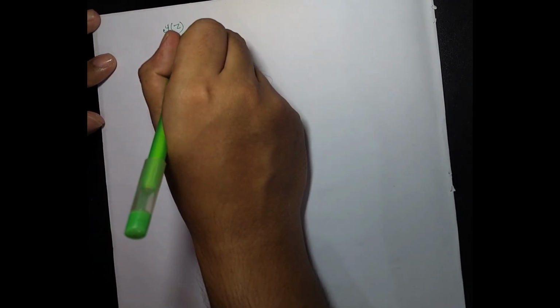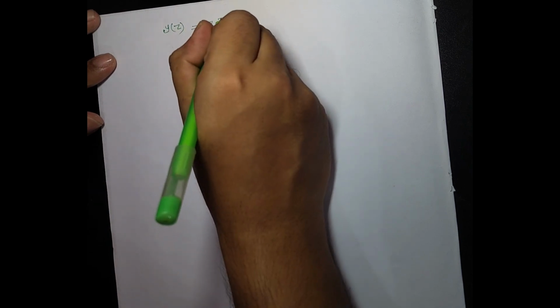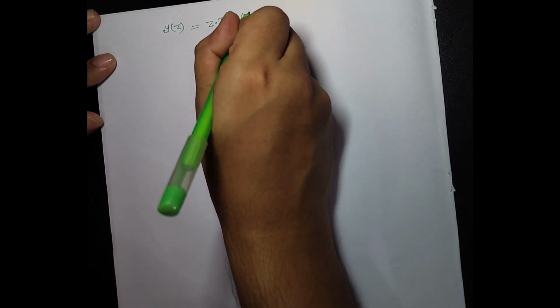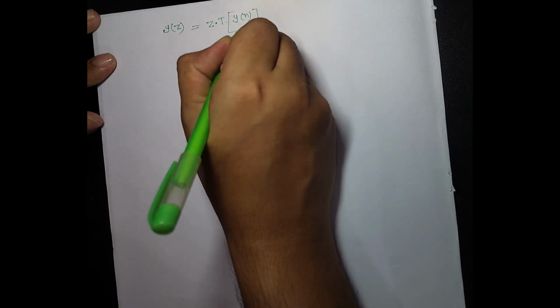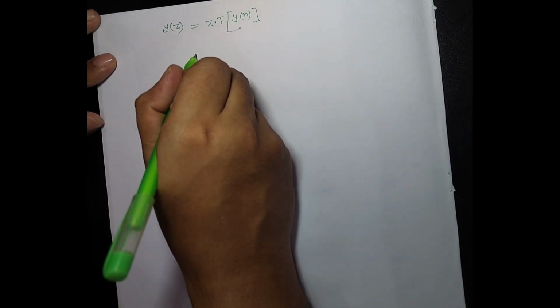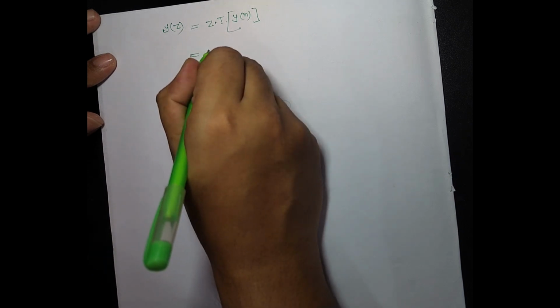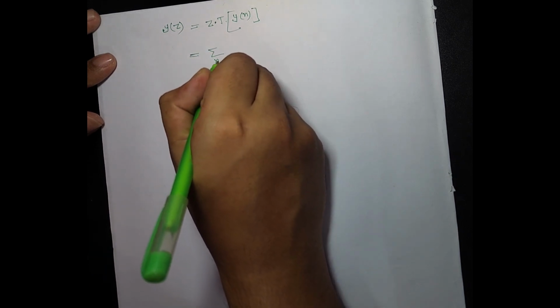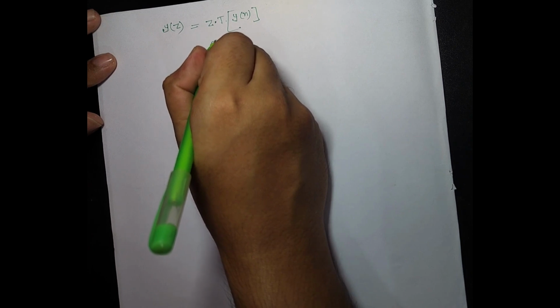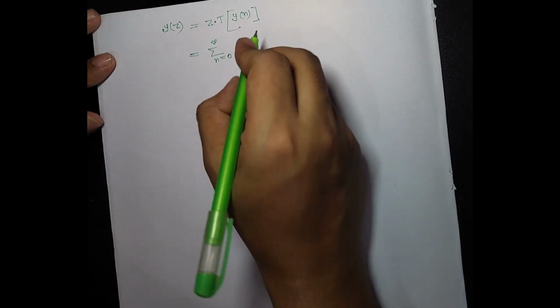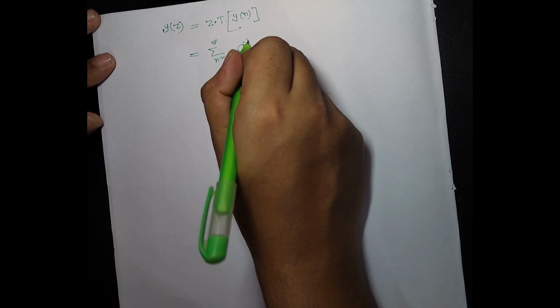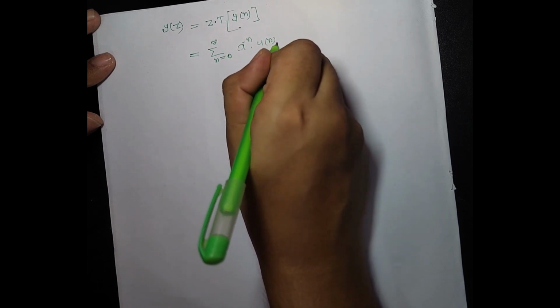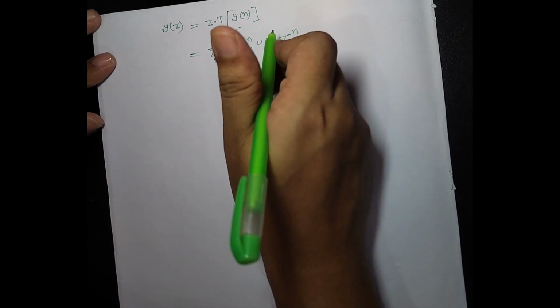Now Z transform of y[n], Y(z) equal to Z transform of y[n], summation of n equal to 0 to infinity a to the power minus n u[n] z to the power minus n.